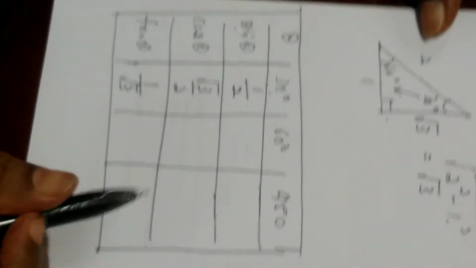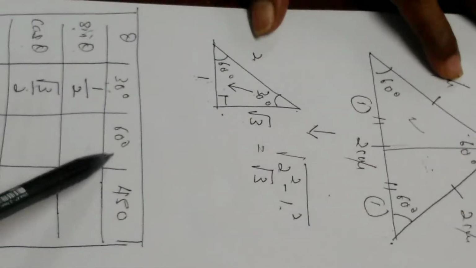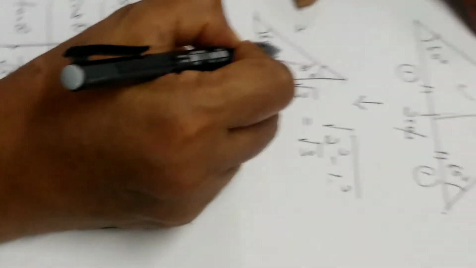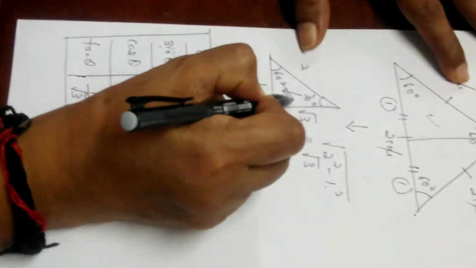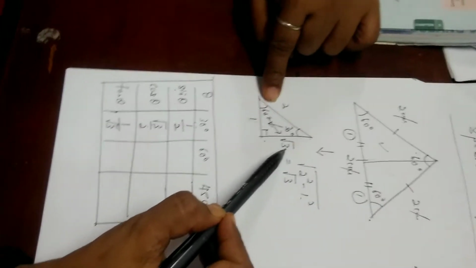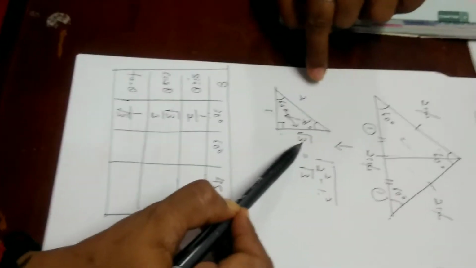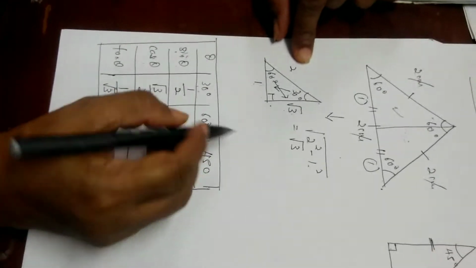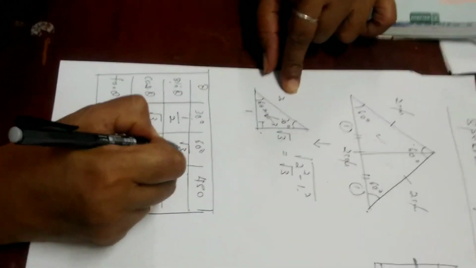Likewise for angle 60, my angle is here, so this is my arrow out. So this is my opposite now for this angle 60. So sine is opposite over hypotenuse, square root of 3 over 2.